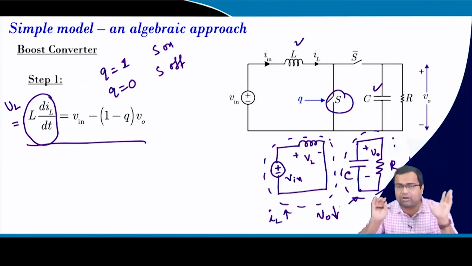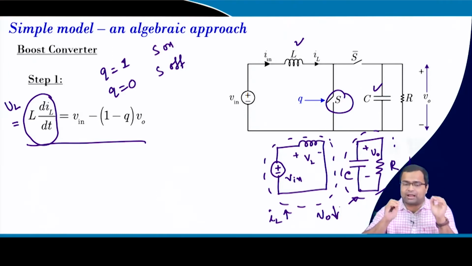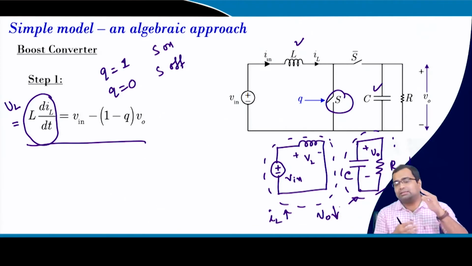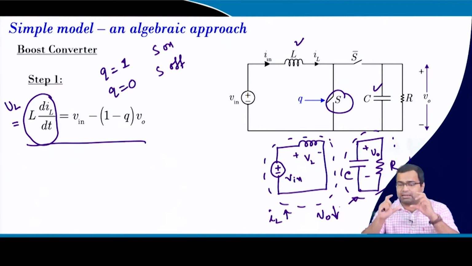But if you take a buck converter and run it for a long time, the inductor current is rising, and if you have a resistive load, then your output voltage will also rise, because the capacitor current is simply inductor current minus load current. If your average inductor current goes above the load current, the voltage will simply keep on rising, until the output voltage becomes the input voltage.